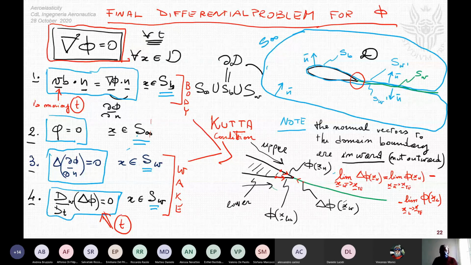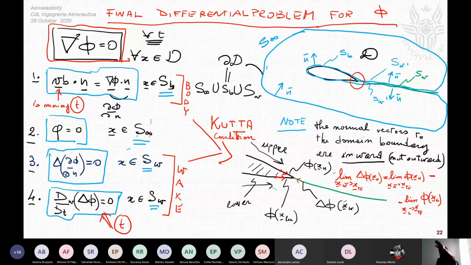So what happens by this mathematical model, which is representing the physical model, we have, in the process of the flow, a velocity potential on the body, and this velocity potential is evolving in time, is developing in time, and time by time, you have that in the trailing edge, from the body point of view, a discontinuity, and this discontinuity in the trailing edge became delta phi, upper minus lower, and this delta phi, by this wake condition, is convected on the wake geometry. This value is frozen and then moved on the wake.